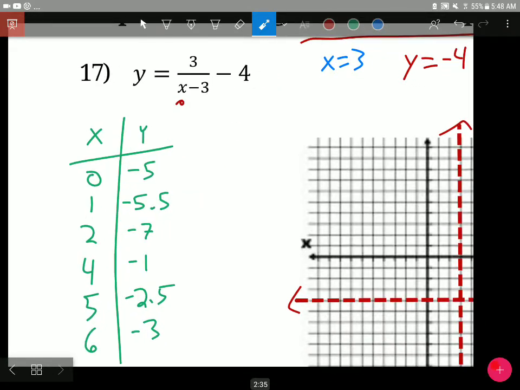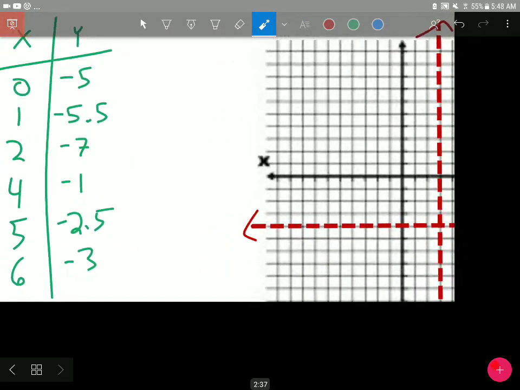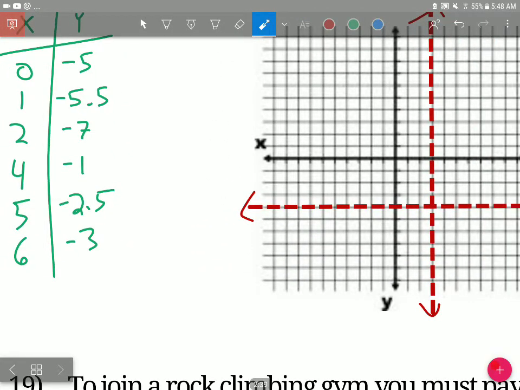So once I get all those, I can plot all those. See if I can do those without creating too big of a mess. So I got a pretty good idea that this guy goes through those points and then goes off to the left like that.